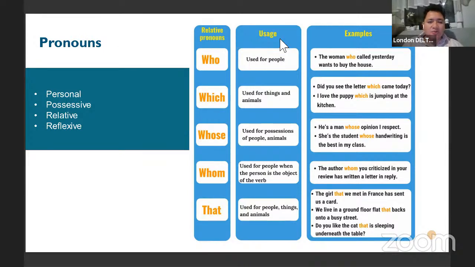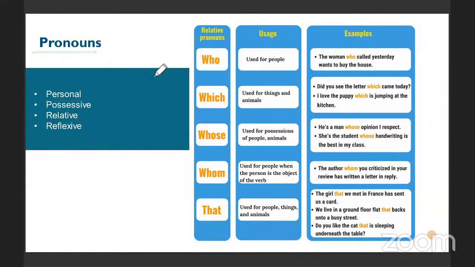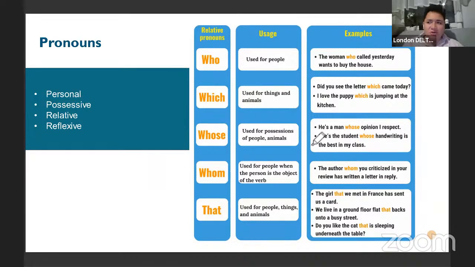Su propósito es sustituir a los sustantivos. You have, for example, the personal pronouns. What are the personal pronouns? I, me, you. Very well. I, you, they, we. Excellent. Which ones are the object pronouns? Can you tell me the object pronouns?